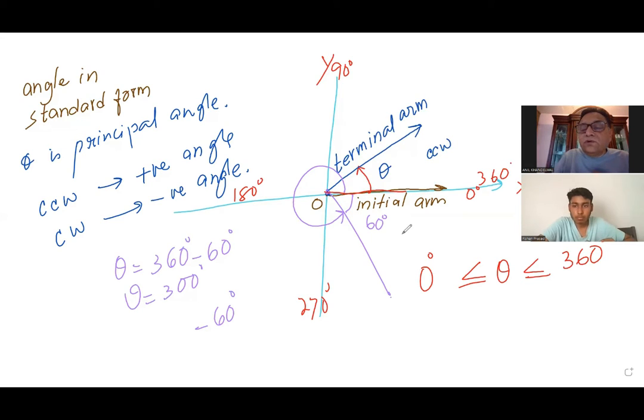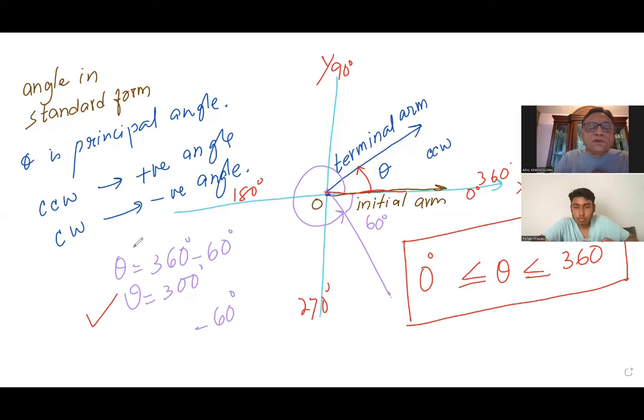So if the question indicates that you have to find the principal angle between 0 and 360 degrees, then the only correct answer will be 300 degrees. You get the idea? Yes, sir. So while answering this question, you have to be very specific. Depending on the question, you have to correctly answer.